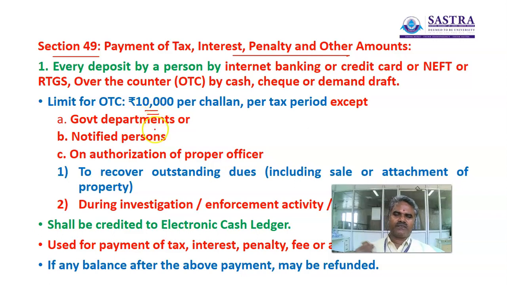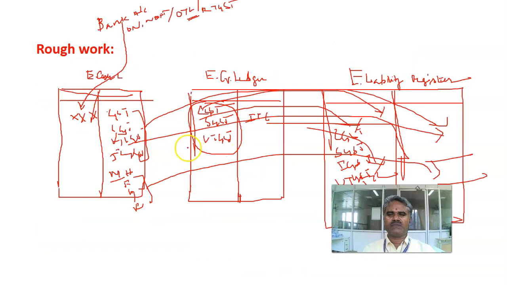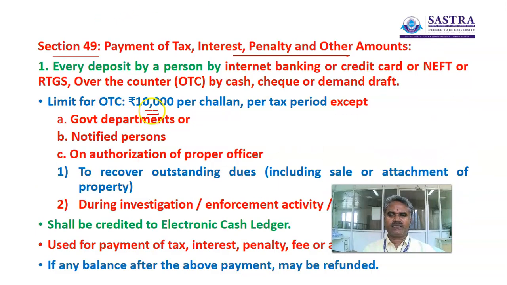But in the case of the government sector, they may transfer up to 50,000 rupees, or whatever may be, because the limit is not applicable for the following: government departments, notified persons, any authorization of a proper officer to recover outstanding dues, including during investigation and enforcement activity.